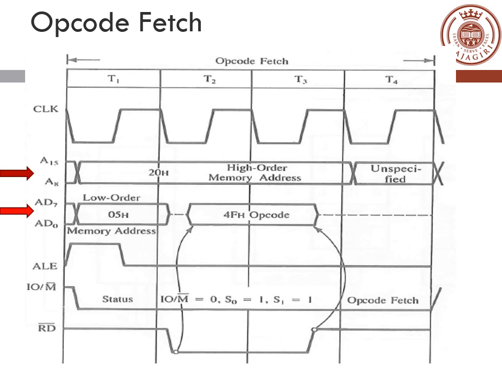Altogether you have A15 to A0, a 16-bit address. Right now the combination 2005H is your memory address. You can see the ALE signal, and just below that the IO bar, M bar signal, and also the status signals.